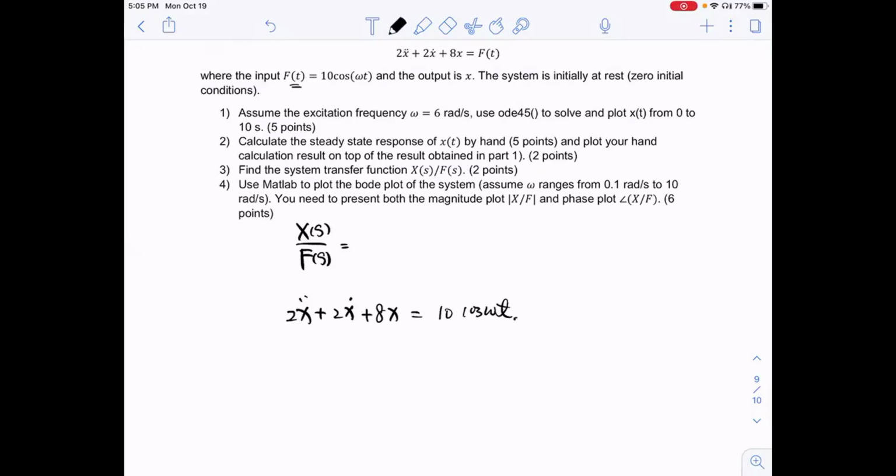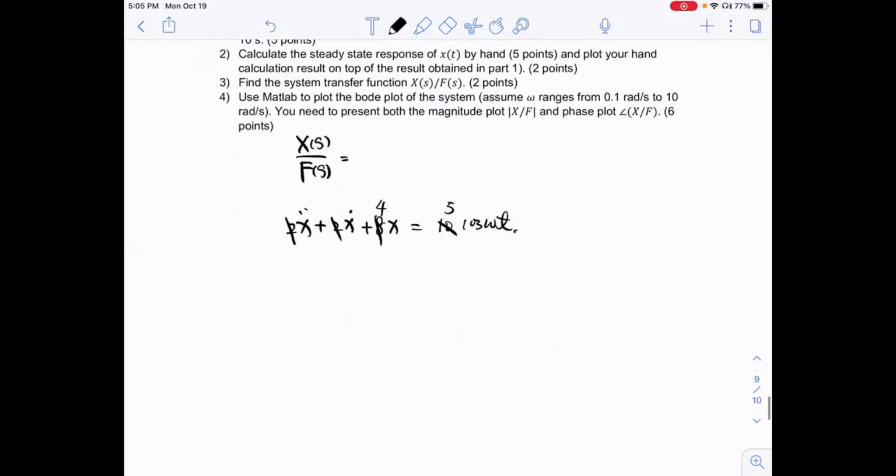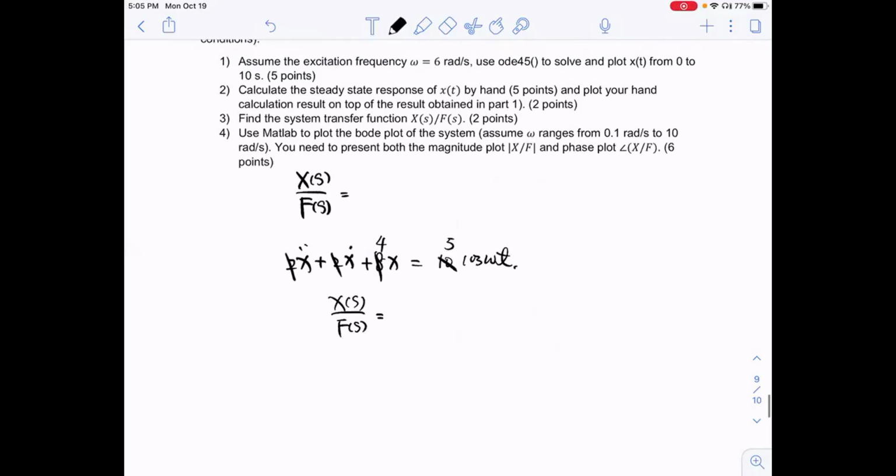And then you see, okay, there is a common 2 on both sides. You just do this, and then you got your transfer function as 5 over s squared plus s plus 4. And some of you even said, okay, this is not 5 over, you even put a 1 on top.